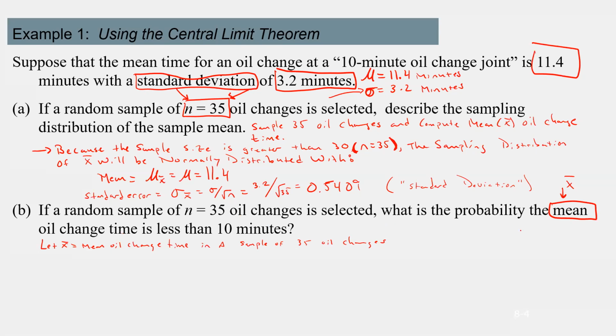All right, and I want to find the probability the mean is less than 10 minutes. So I want to find the probability that X bar is less than 10. Okay. Does this look kind of like the previous problems we're doing? The only difference is I have an X bar instead of an X there.